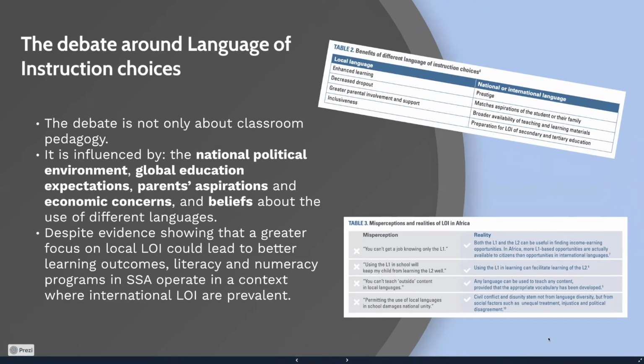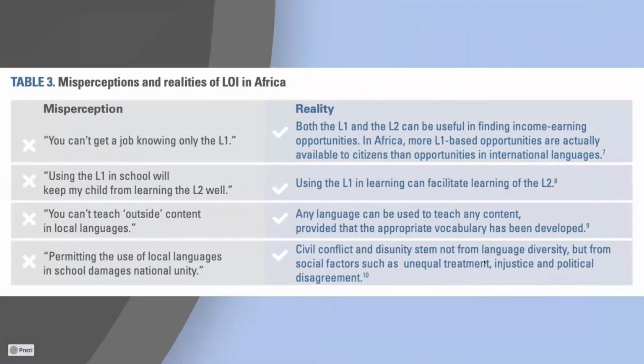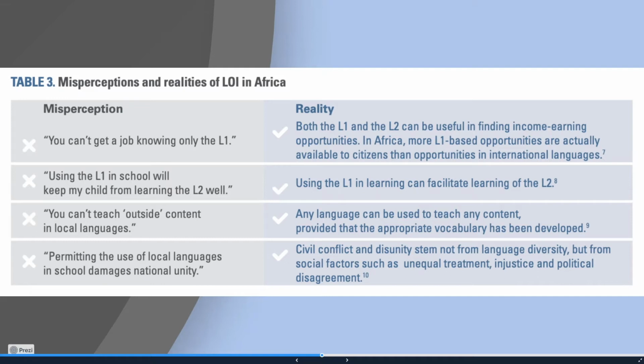But along with these real benefits of the different languages that can be used as language of instruction, there are a number of misperceptions about language of instruction in Africa. One of them being that knowing the second language will get you a job, whereas knowing only the first language won't.